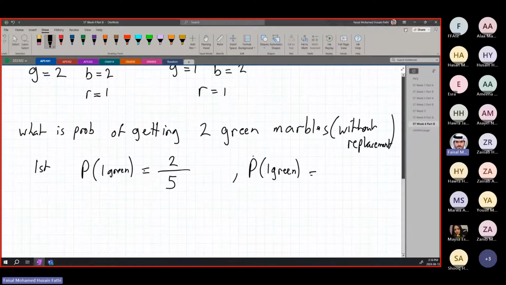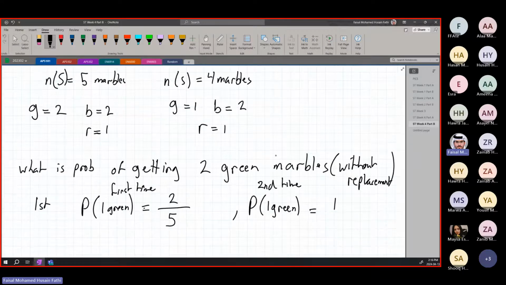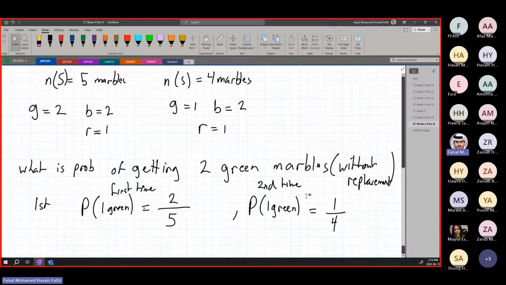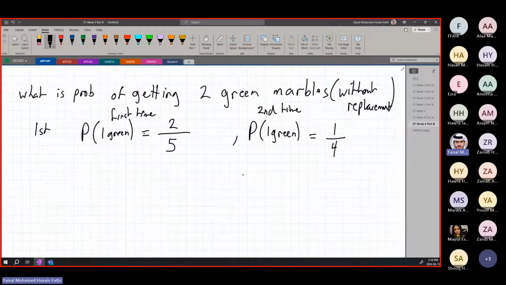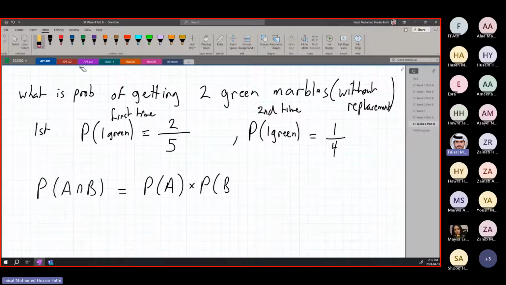So the probability of a green marble the second time is 1 over 4. This is where you will be using P of A intersection B is equal to P of A times P of B given A.